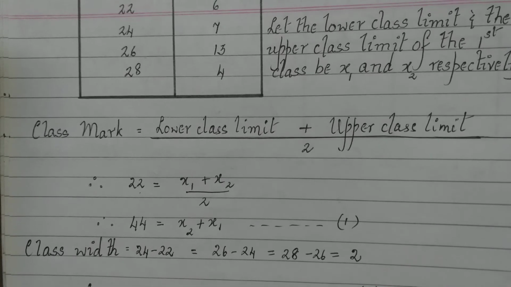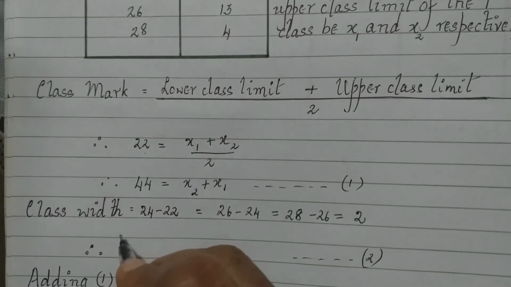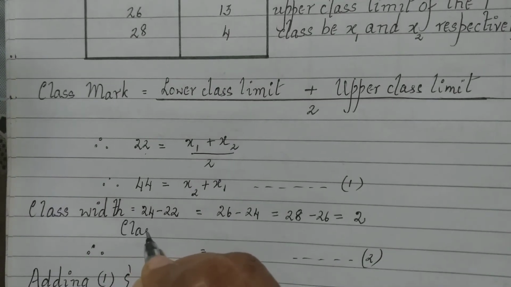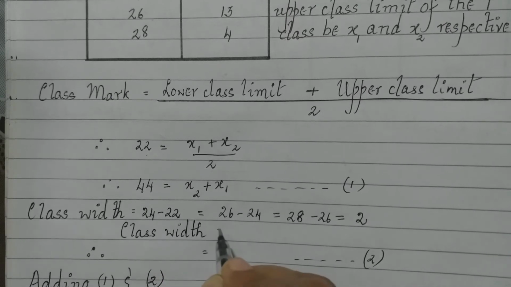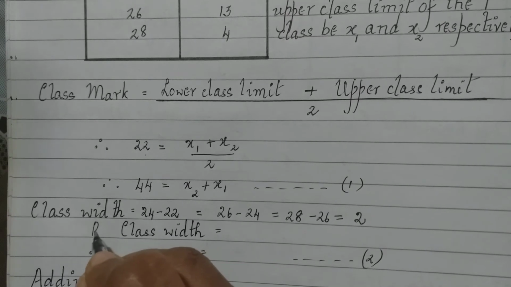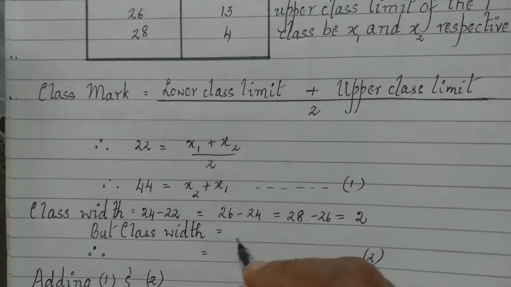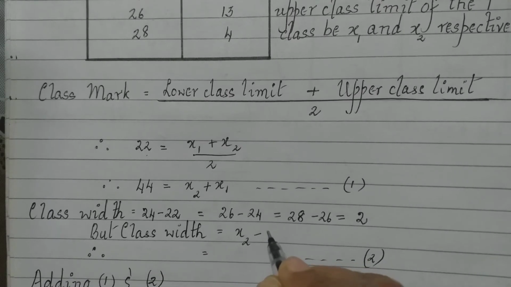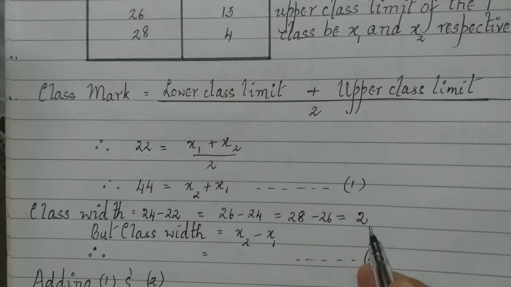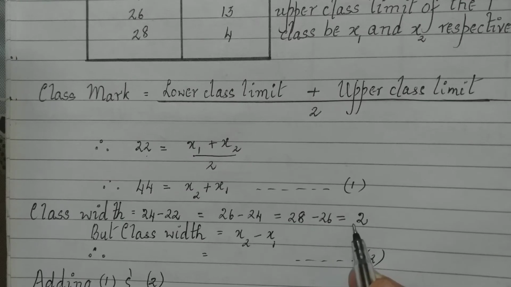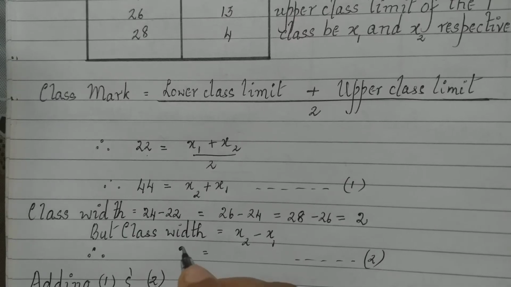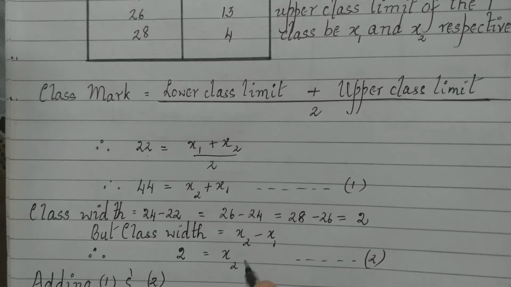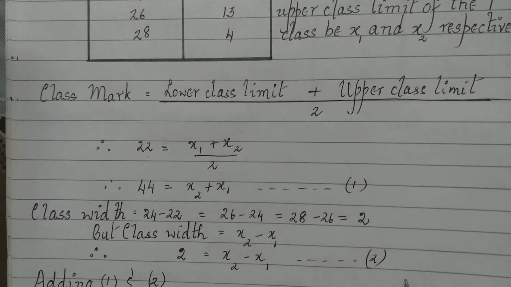So I know that the class width is 2. But class width is usually given by x2 minus x1. Therefore x2 minus x1 is equal to 2, and we number this as 2.